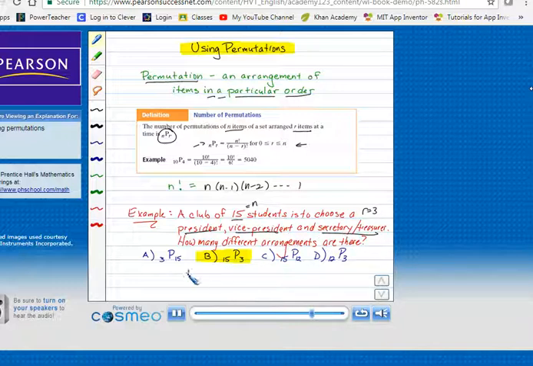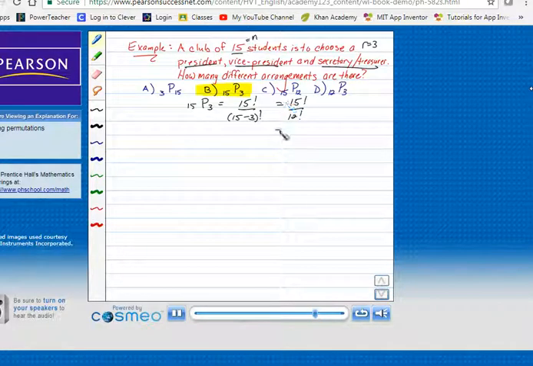Now, of course, if we want to finish the calculation, this is 15 factorial over, not 3 factorial, but 15 minus 3 factorial, in other words, 12 factorial. We could use a calculator, but 15 factorial is 15 times 14 times 13 times 12 all the way to 1, and this is 12 all the way to 1.